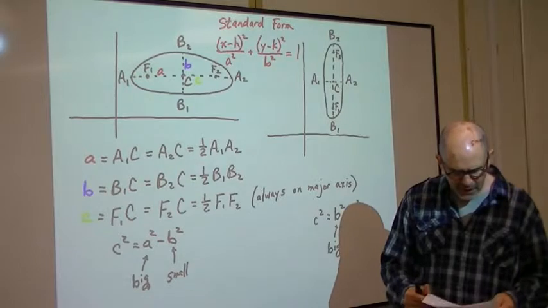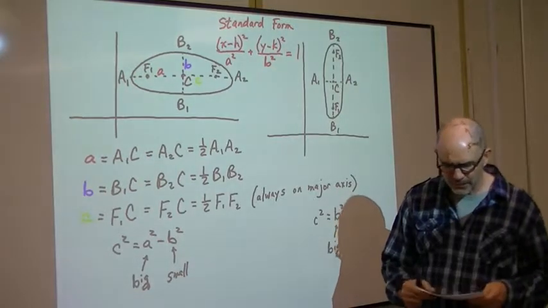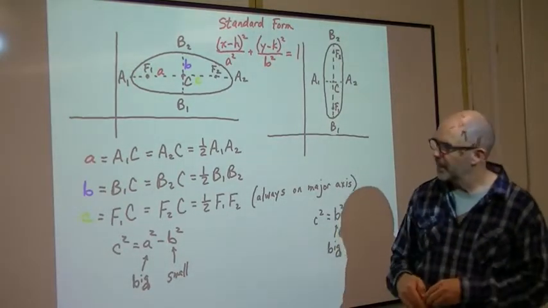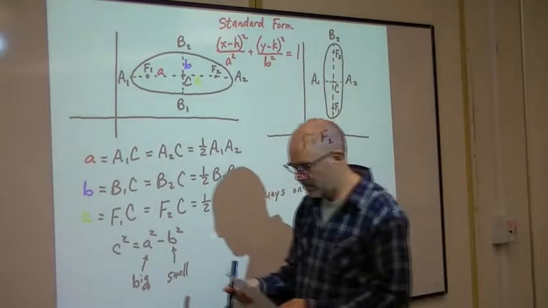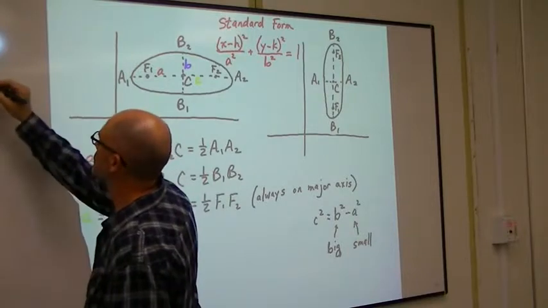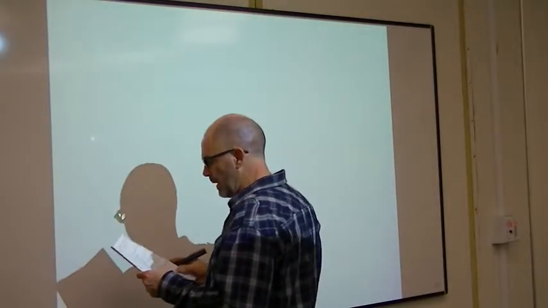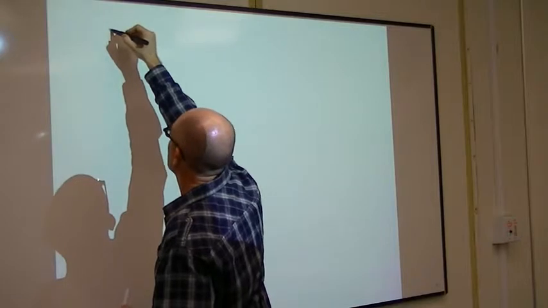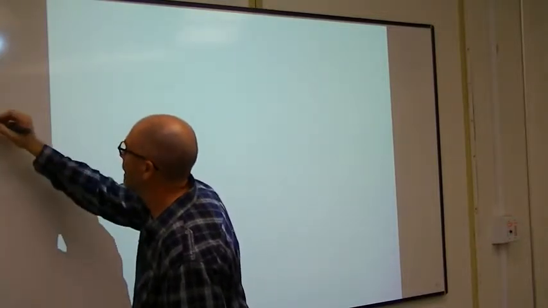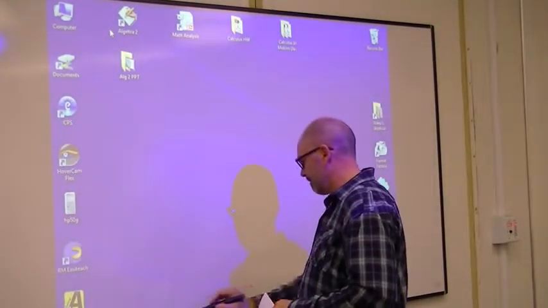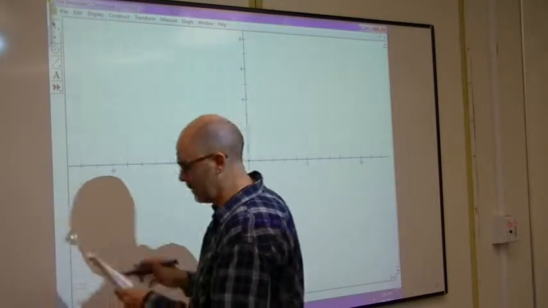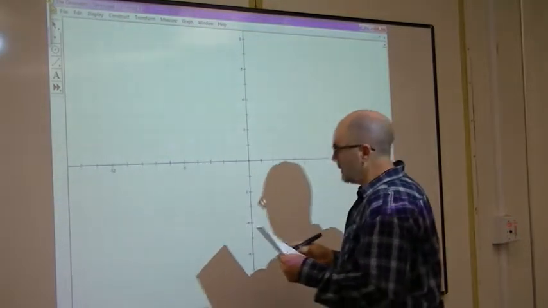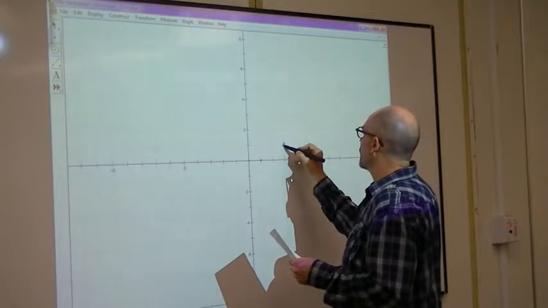Now let's jump into the action. So if we have an ellipse, okay, we've got an ellipse. You know what, let's put that on the graph paper. Okay, so the center of our ellipse is 3, 1.